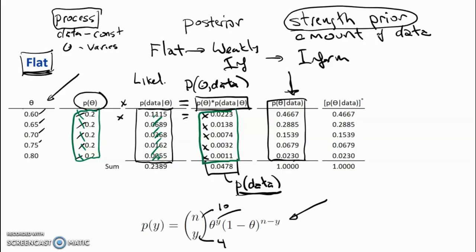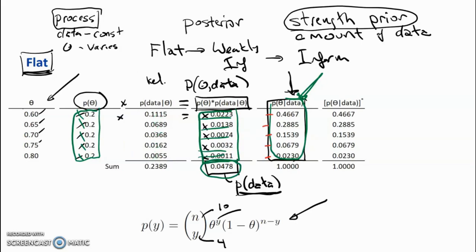And as a consequence, when we take each one of these joints and divide it by their sum to arrive at the posterior, if you think about the relative size of the values in the posterior, they're going to be exactly the same as the relative size of the values of the likelihood.